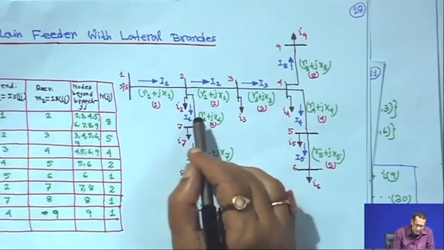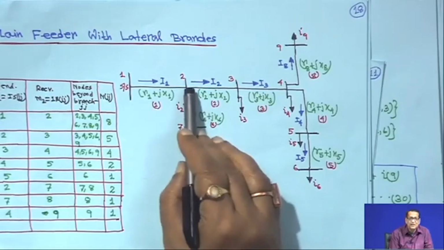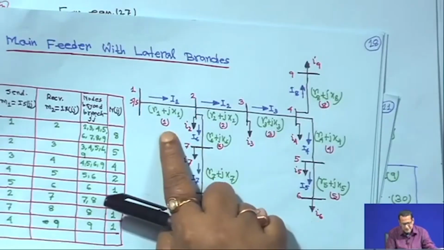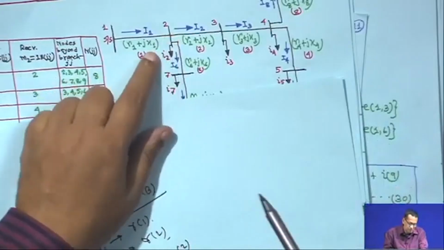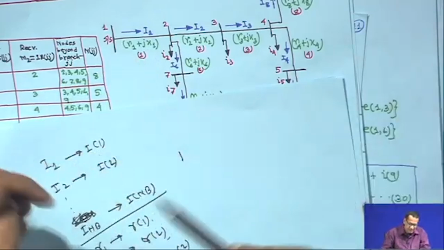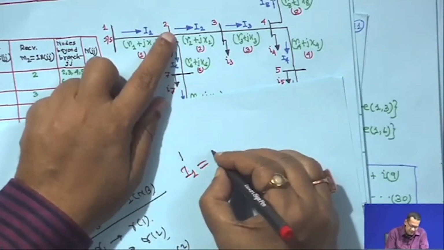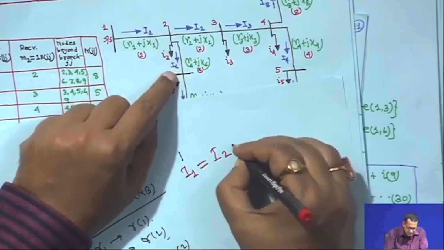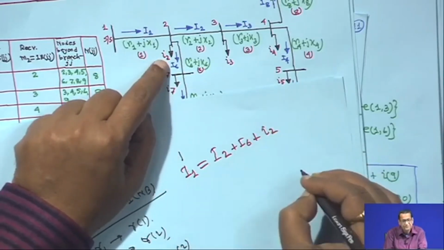But basically, if you apply Kirchhoff's first law here, then do not write like this. Our objective is to sum up all the load current, and that will be the branch current. If you apply Kirchhoff's first law at node 2, then I1, let me use another color, is equal to I2 plus the current going through this branch also, plus I6 plus this load current also going through this I2, right.